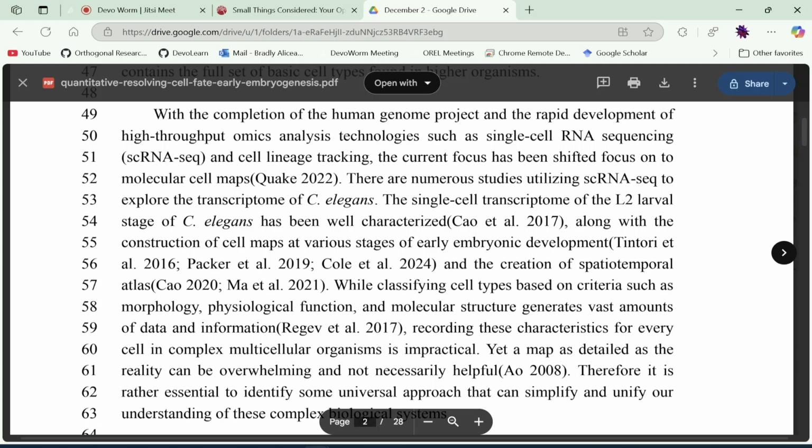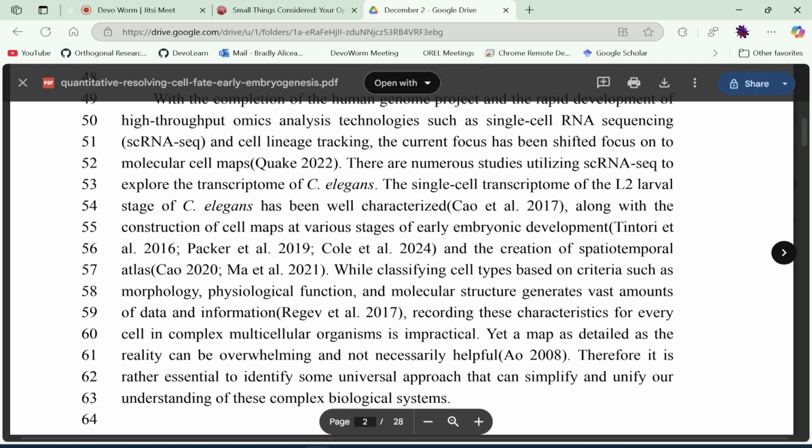We also have some data from embryonic cells, but that's still kind of a work in progress. We have cell maps, so we have the data, it's kind of in pieces, and we can get access to some of that data to inform this process.